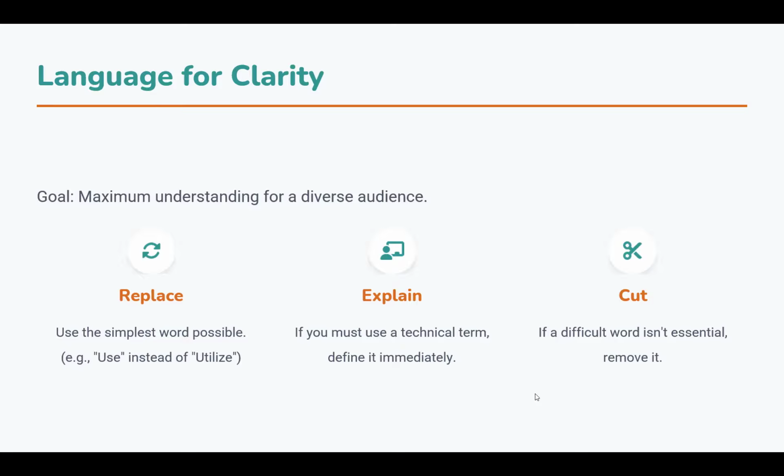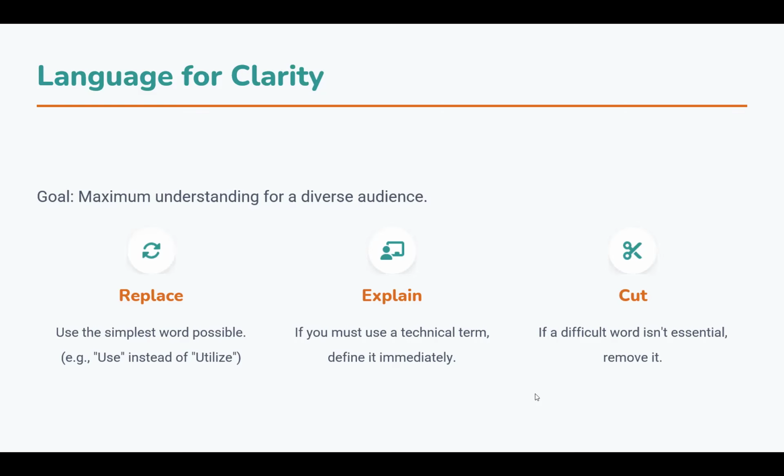If you have a typically strong scientific word like utilize on your presentation slide, it's okay. But when you articulate it, when you read it out, you can say use in place of utilize, you see? Replace with simpler words as much as possible.